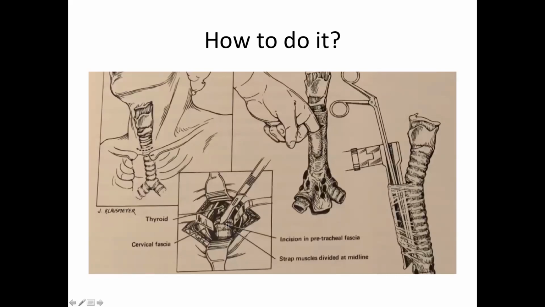We're going to try and go between the strap muscles, retract them laterally, and then try to incise the pretracheal fascia. Then very often you're able to dissect that freely with your finger in front of the trachea, and then a mediastinoscope can be inserted down with biopsy forceps.